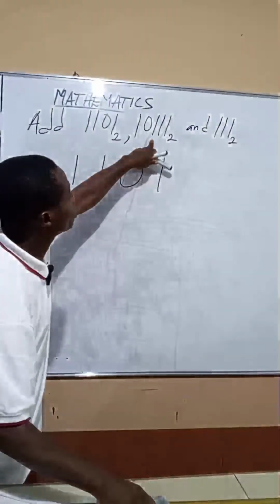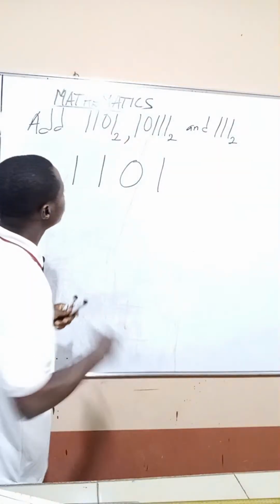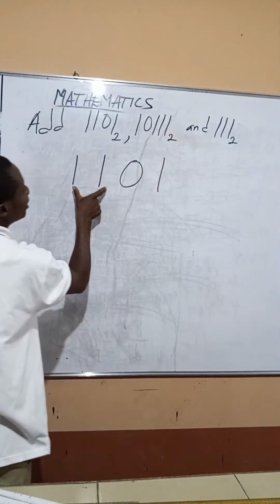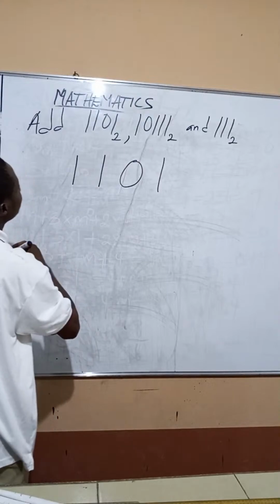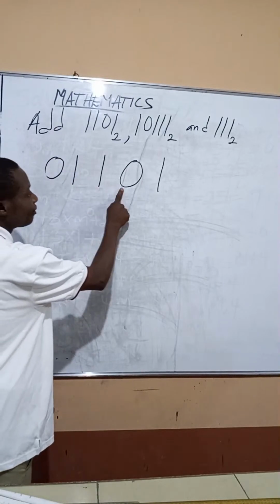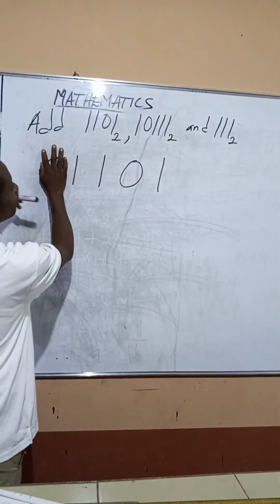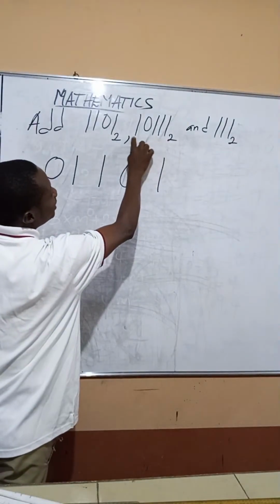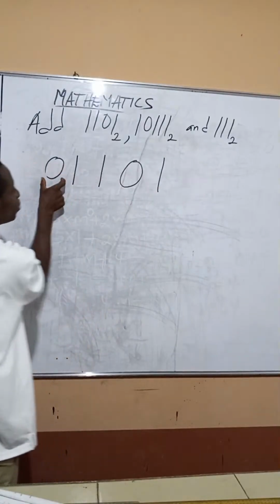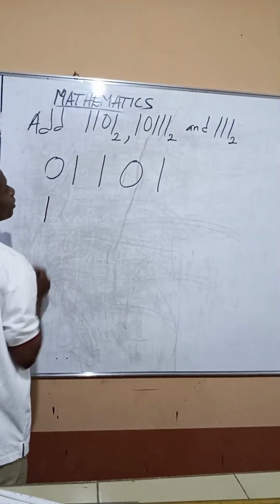Since we have 1, 2, 3, 4, 5 digits here, to balance the 4 digits and 3 digits, we include 0 here.